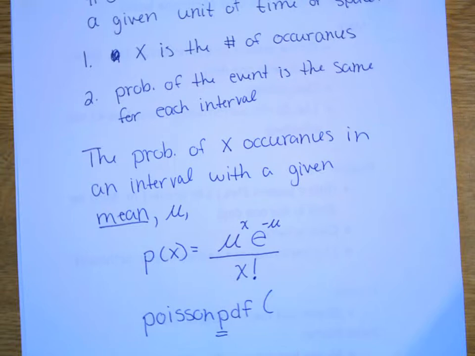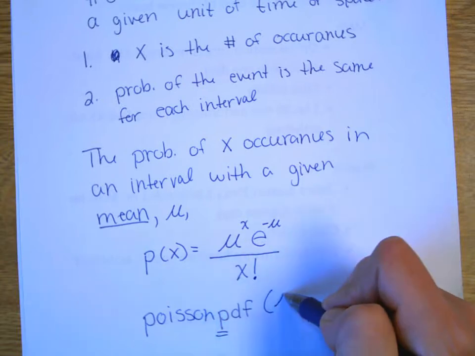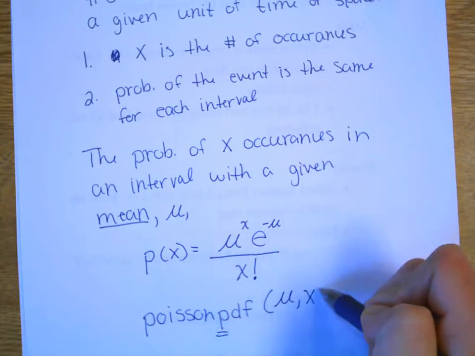The e is a constant, like pi is a constant. You had it back in advanced algebra, in the compounding interest stuff. So you have to feed it the two things, the given mean and your x value.